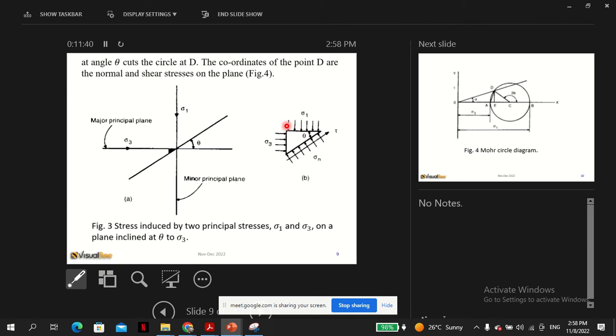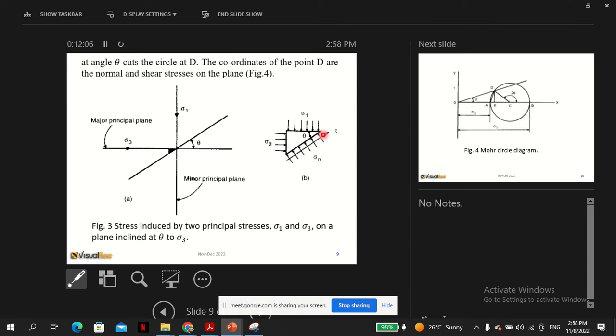So sigma 1 is acting on this surface, the major principal stress, and the minor principal stress. Because these are vertical and horizontal forces, they will cause some stresses.